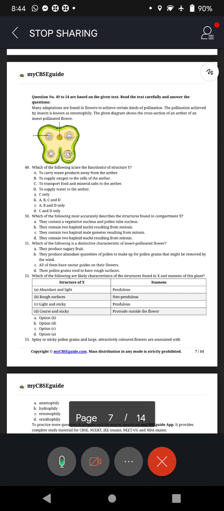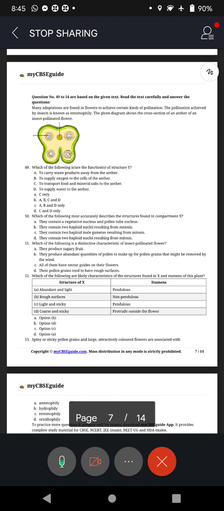Next, question number 50. Which of the following most accurately describes the structures found in compartment X? First identify the X, expand your diagram. What our Prasad calls zoom out. Zoom out the diagram. Identify X. Yes.